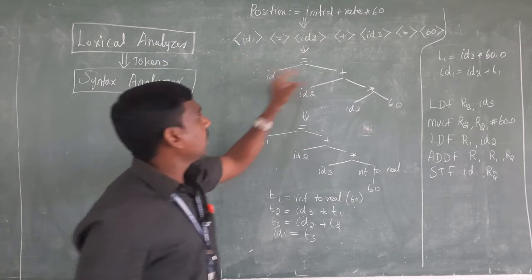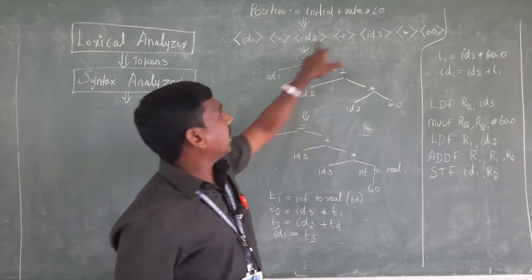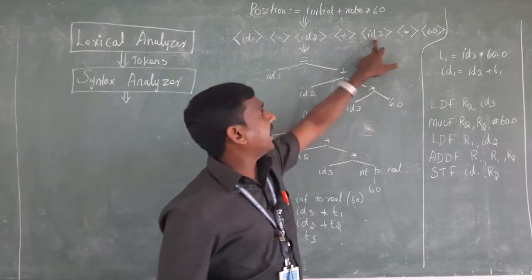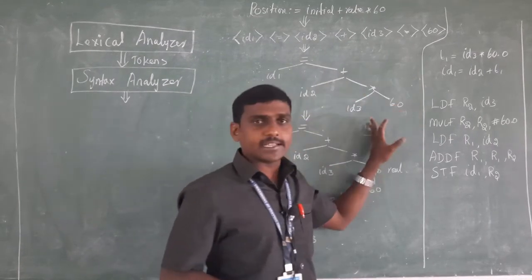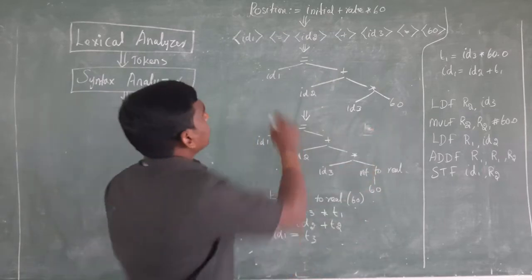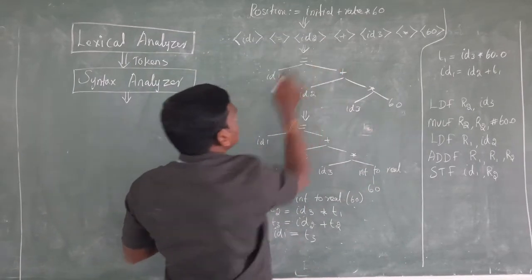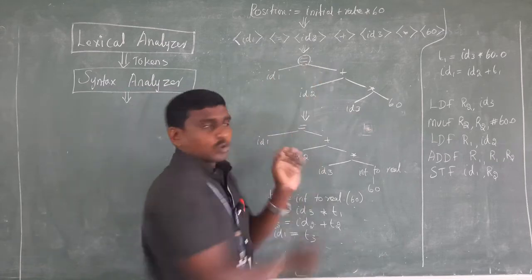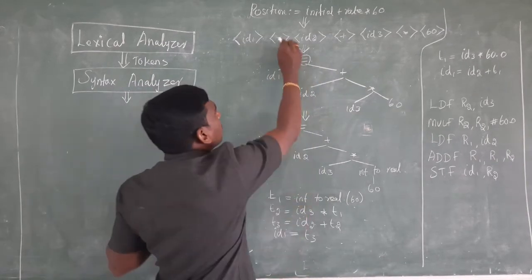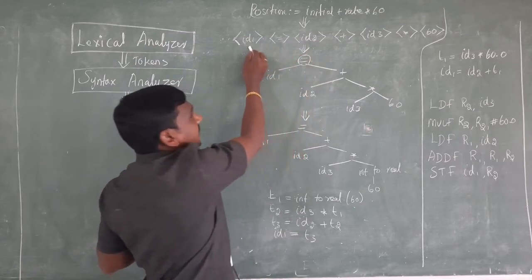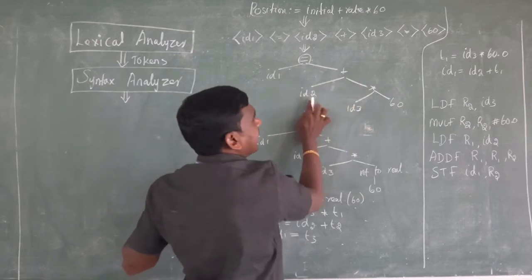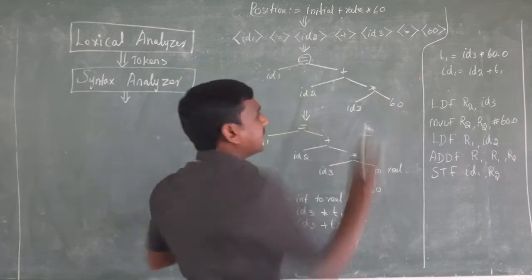Plus is an operator, the left one is ID2, and the right one is star, an operator, with ID3 on the left side and 60 on the right side. Once again, these are the tokens, and in a parse tree the root node is an operator. So equal to comes as the operator, the left side is ID1, then plus, the left side is ID2, and star has ID3 and 60.